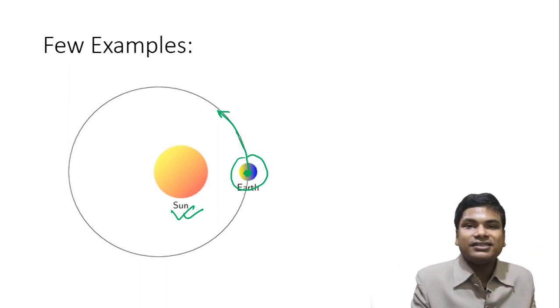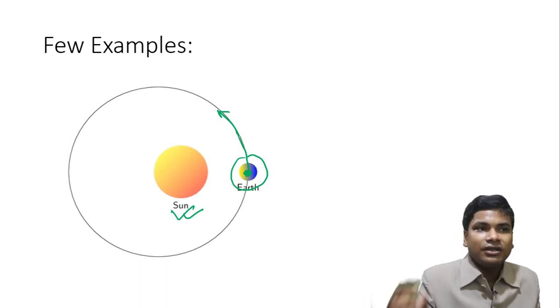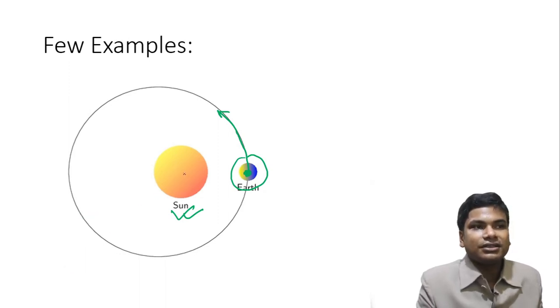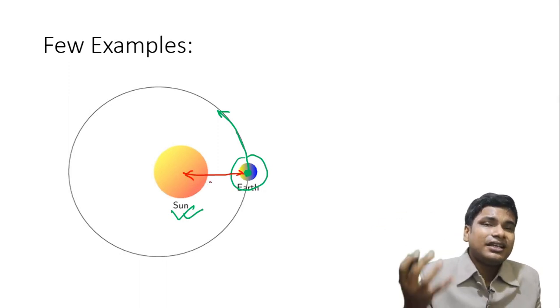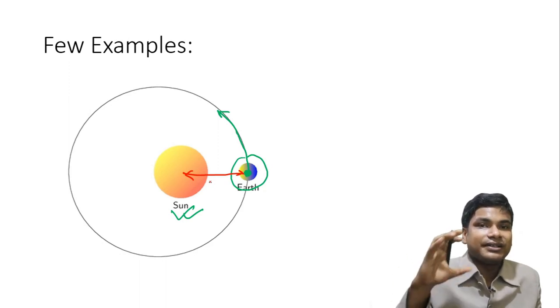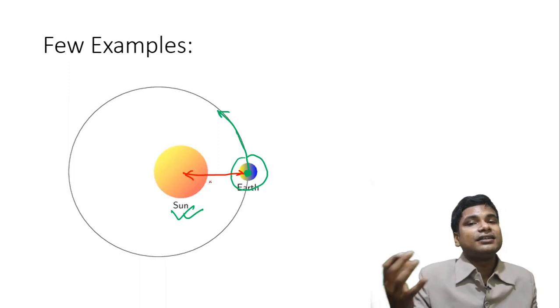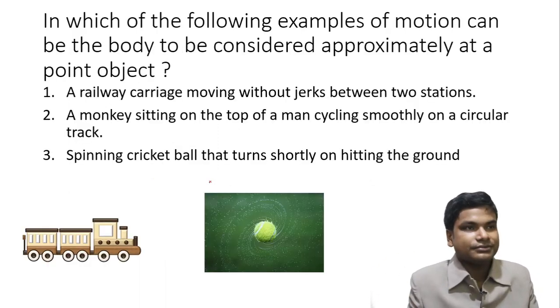Who gave us this right? The right we got is that the distance from sun to earth is way larger than the dimension of earth. So this is the distance from sun to earth, which is very, very large compared to the diameter of earth. That is the reason we can consider the earth to be a point mass.